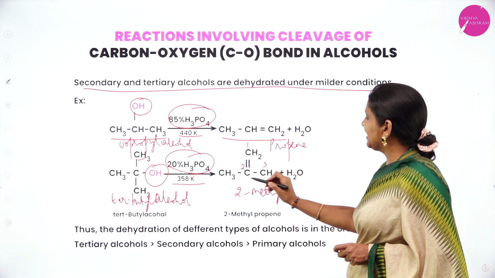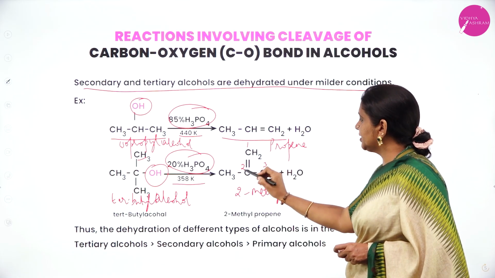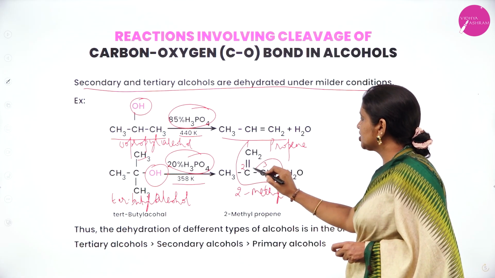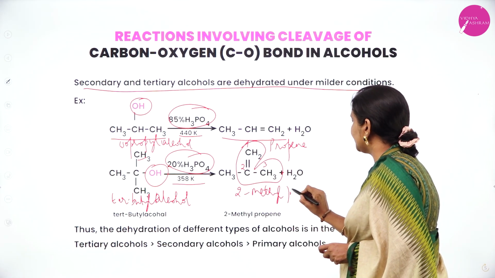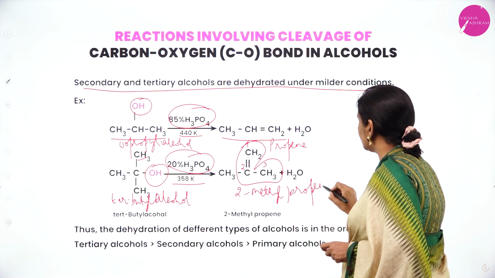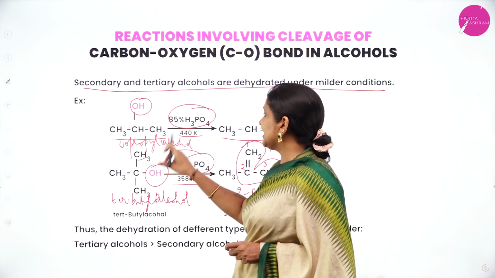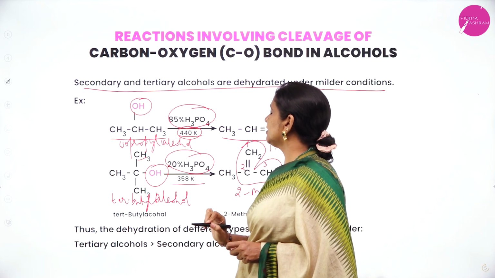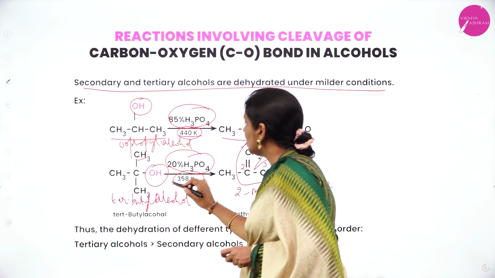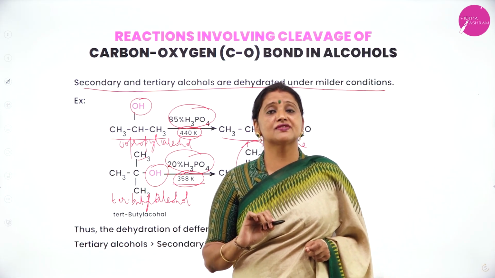If I number this carbon chain as 1, 2, 3, as the parent chain, it is 2-methylpropene. Therefore, secondary alcohol undergoes dehydration at 440 Kelvin. Tertiary alcohol undergoes dehydration at 358 Kelvin.